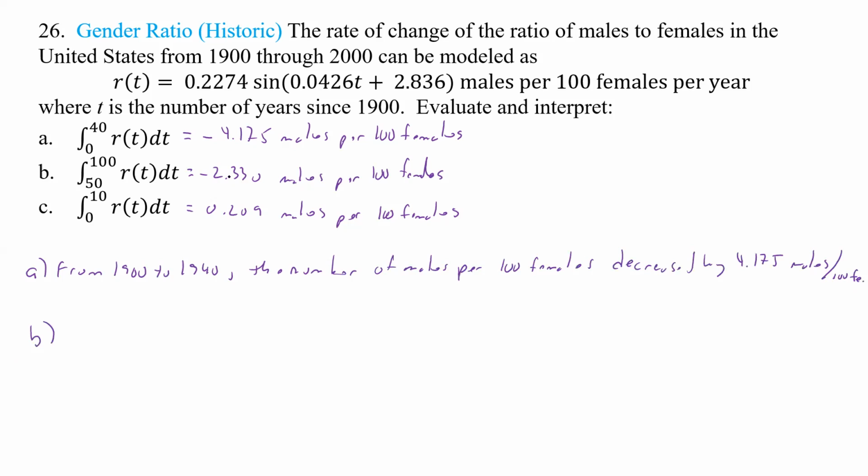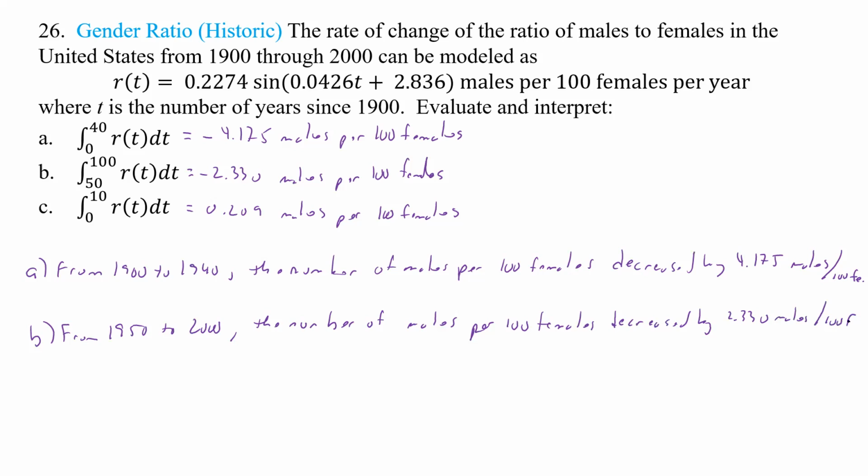B, well, it's still a negative, so basically it's the same thing. Here from 1950 to 2000, the number of males per 100 females decreased by 2.330 males per 100 females. And then part C says, guess what? We have an increase this time.